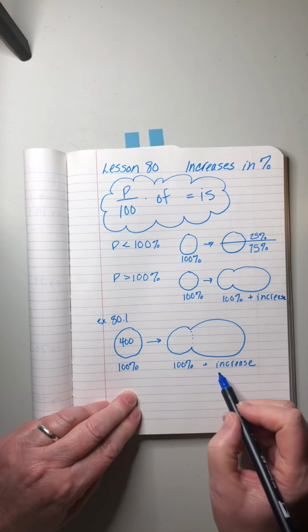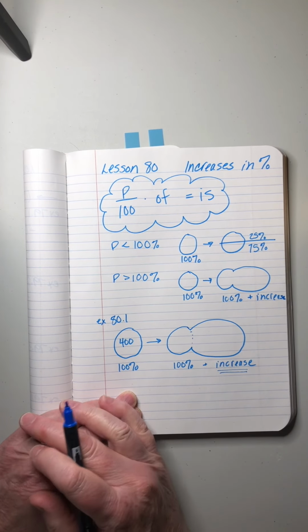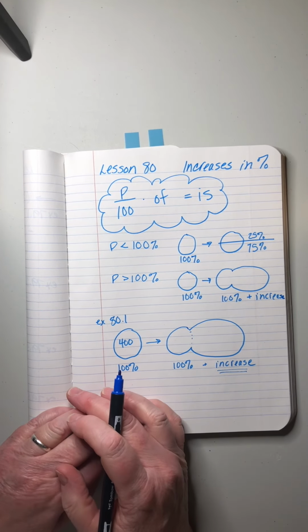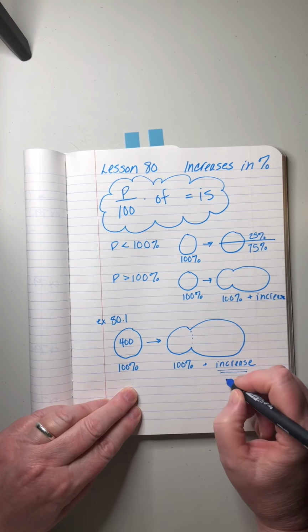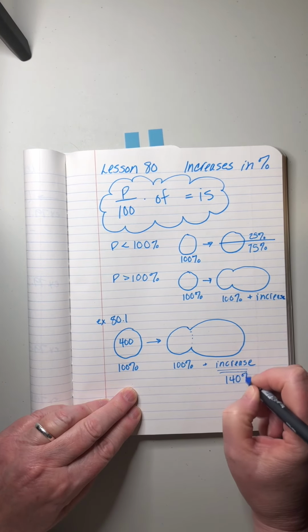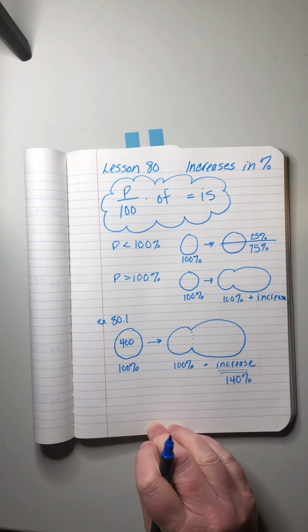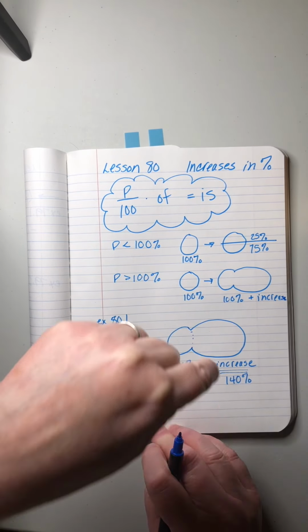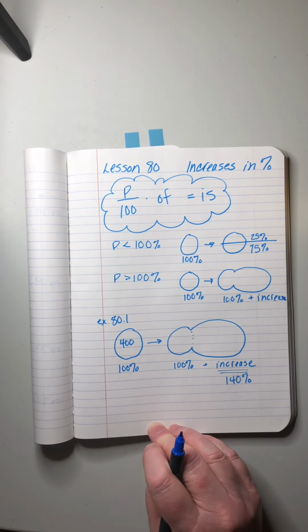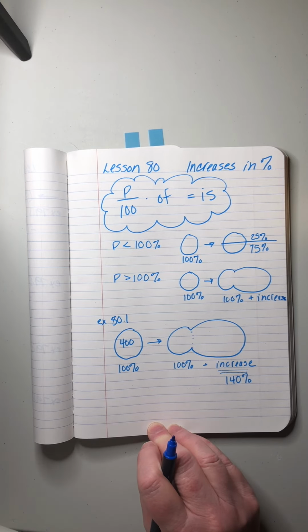And we want to find the amount of the increase. And we know that the increase, it says they increased 140%. So we're trying to figure out how many rats. Does it say rats? It says rodents, but let's be honest. We know it's rats, right?